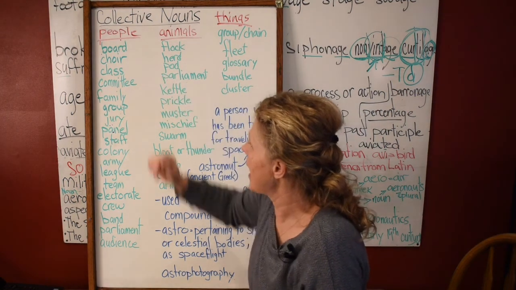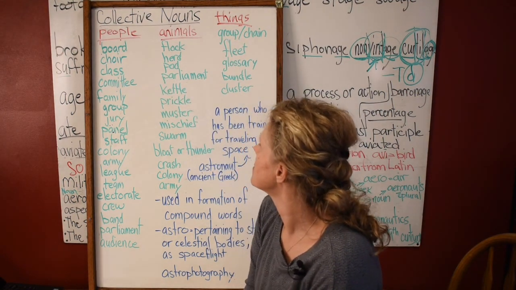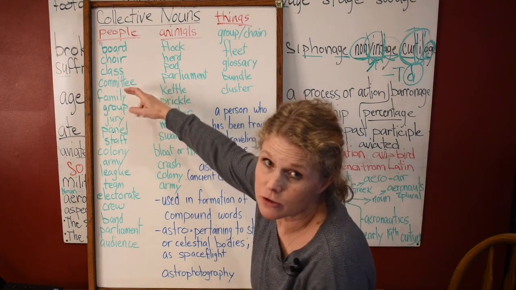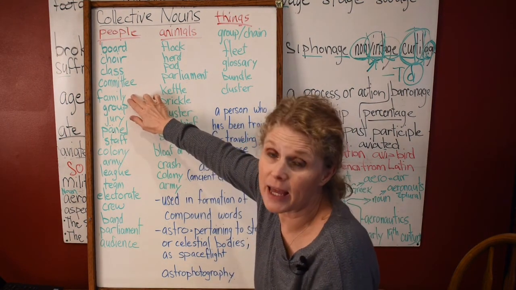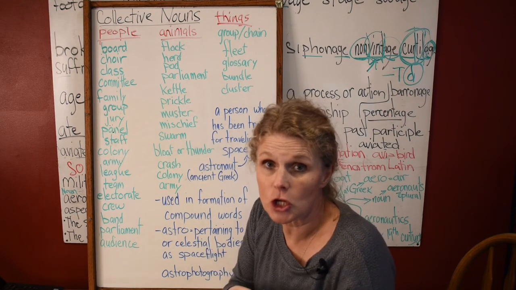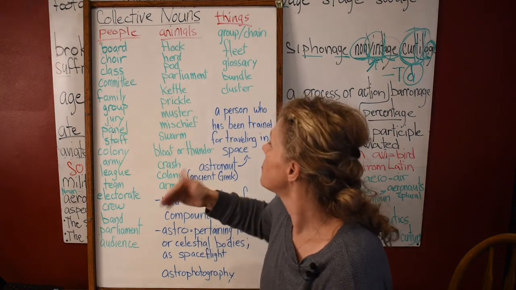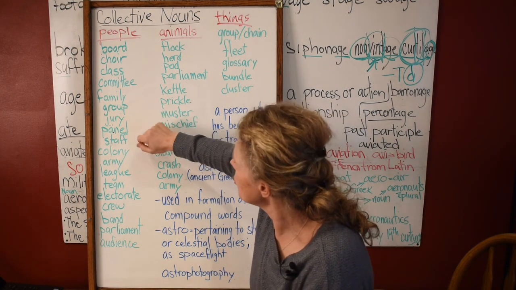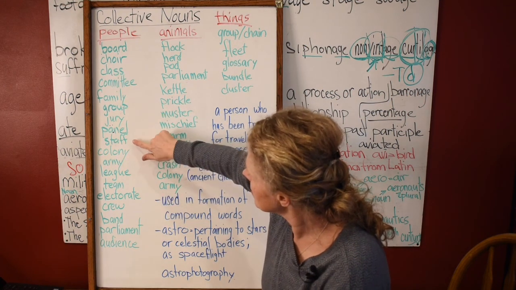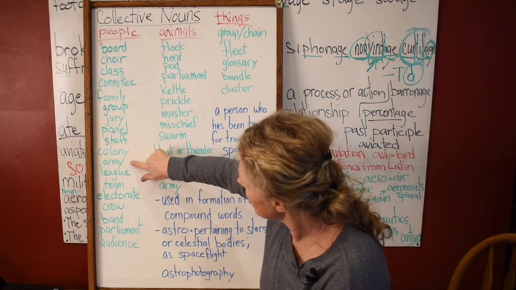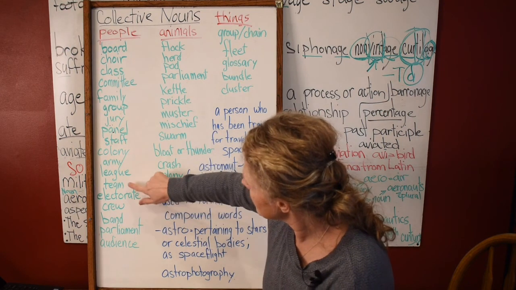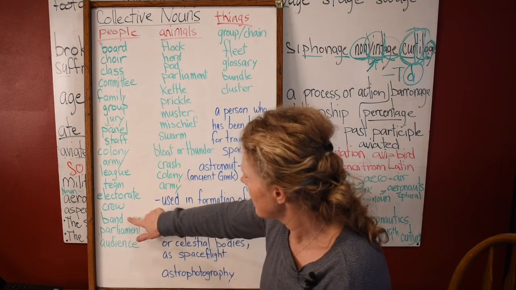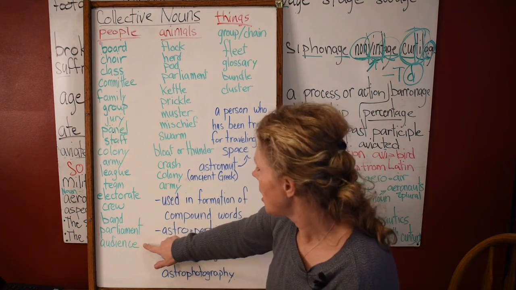Choir, class, committee, family. So family will take the singular when you put it together. Group, jury, panel, staff, colony, army, league, team, electorate, crew, band, parliament, audience.